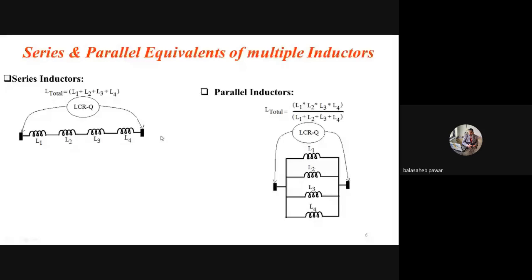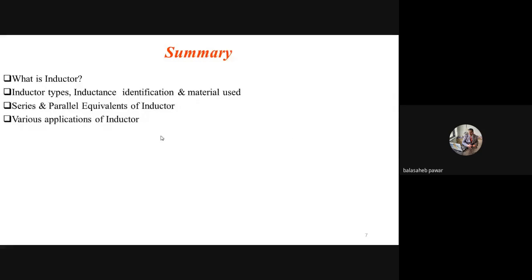So in summary, I took this topic somewhat fast because you can correlate it with the capacitor as well as the resistor, and it will be simpler to understand. So what is an inductor? You might have understood. Then the various types, series and parallel equivalents, and various applications of the inductor.